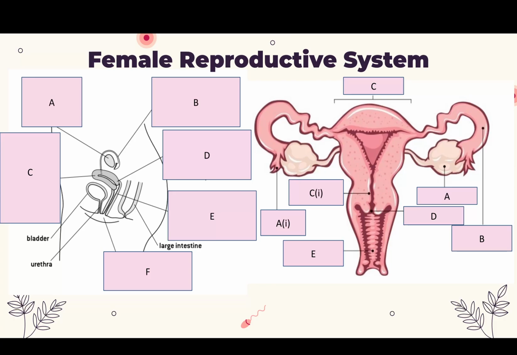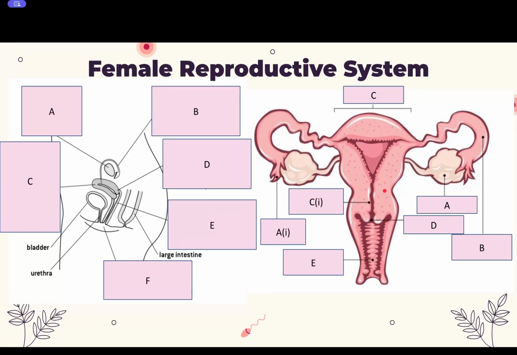Basically the left picture is from the Oxford textbook, I think, and the right picture is from BioNinja. I didn't see A1 in the Oxford picture, so I just put it there just because. What is C1? We'll come to it. It's okay.